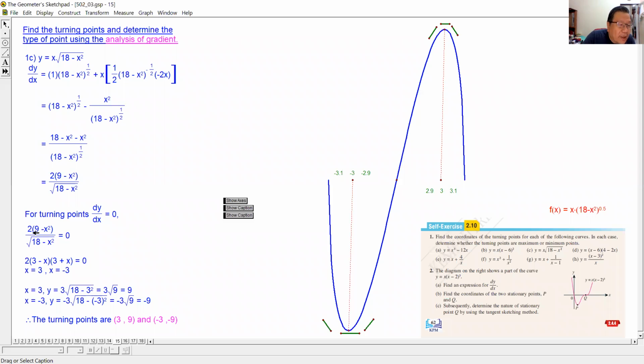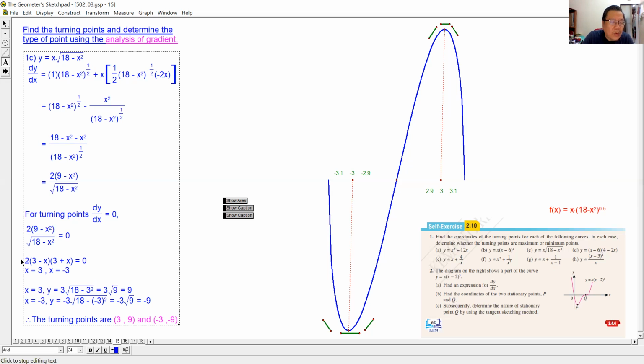So now I put the numerator equals 0. 2 bracket 9 minus x squared equals to 0. Okay. So this 9 minus x squared can actually factorize into 3 minus x, 3 plus x equals to 0.